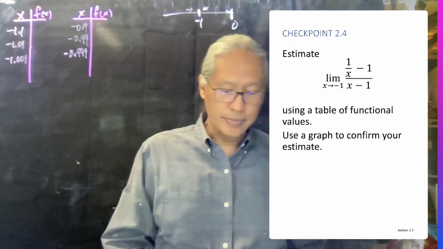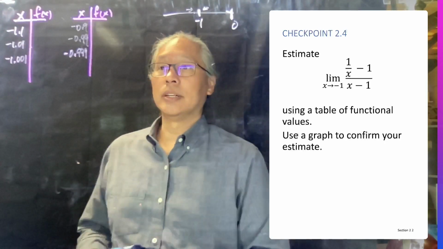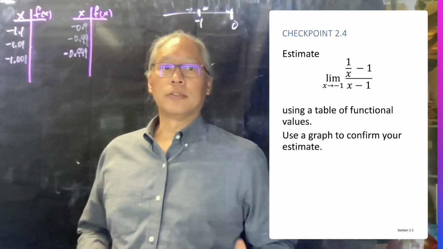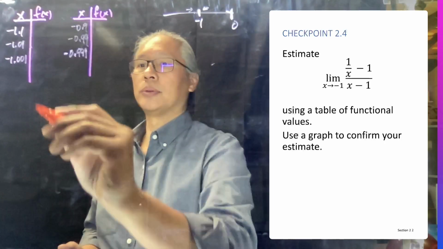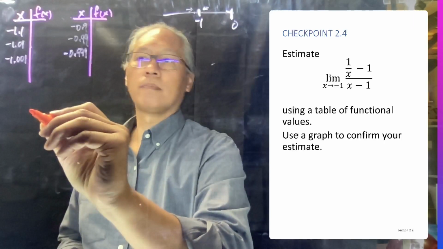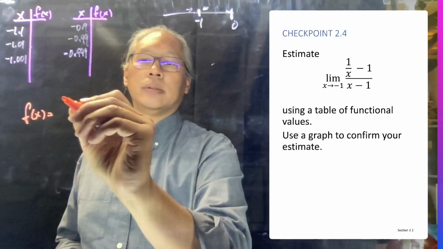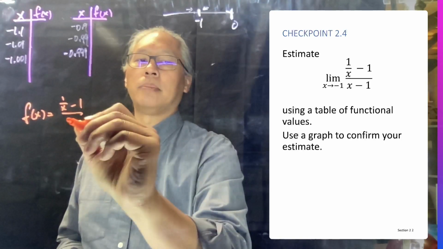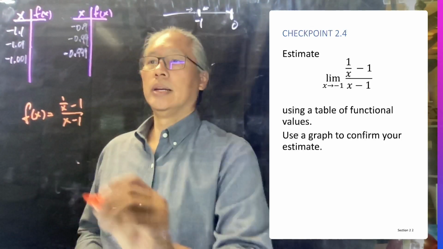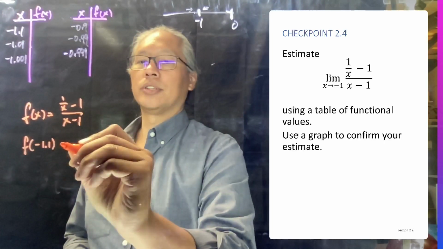And so the idea is you want to put values in. So for example, for this first one, I want to write f of x is equal to 1 over x minus 1 divided by x minus 1. And then I want to compute -1.1, for example.